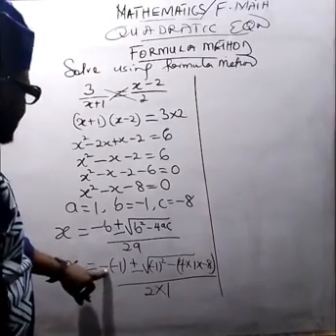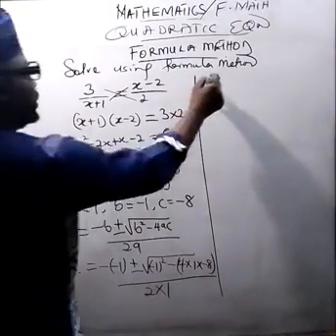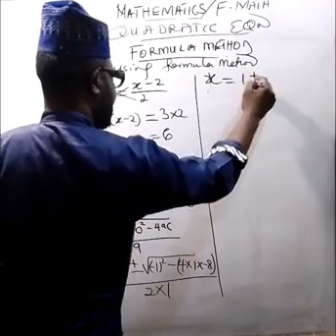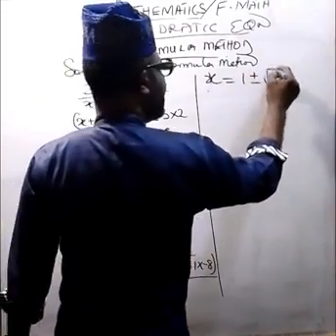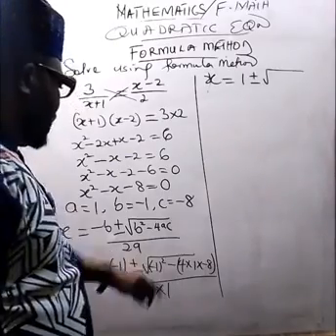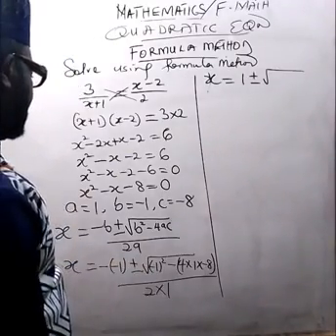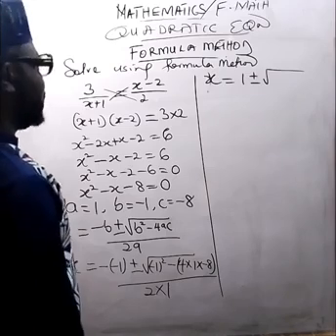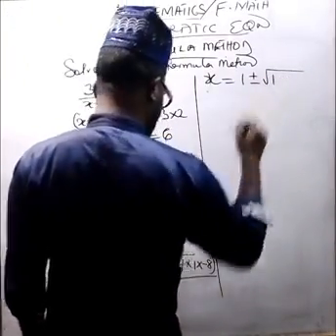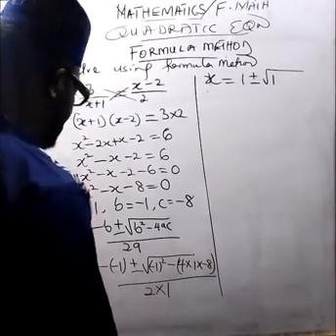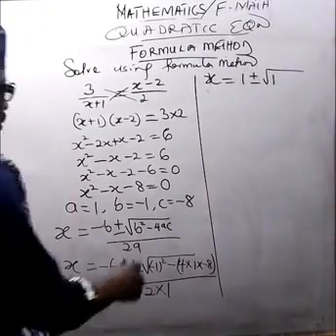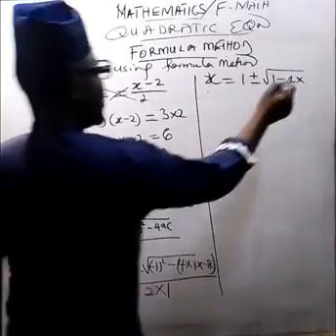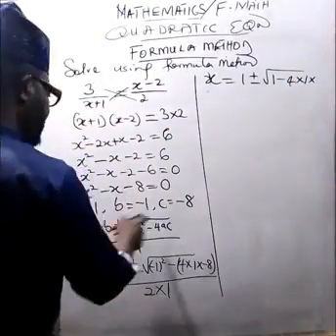So minus 1 times minus 1, that's 1. x is equal to 1 plus or minus root minus 1 squared, that will be equal to 1, minus 4 times a is 1 times c is minus 8.